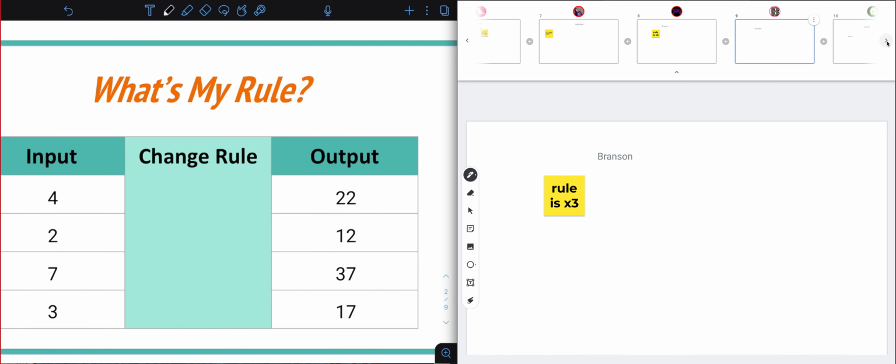So if we were to go, how do I get from 4 to 22? Well, I think the closest you can get would be like 5. So you're like, okay, well, that's a start, but 4 times 5 is 20. That's not all the way to 22 yet. So what about from here to here? We're just going to try and develop a rule.